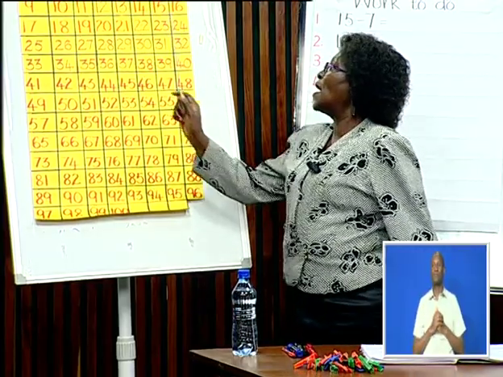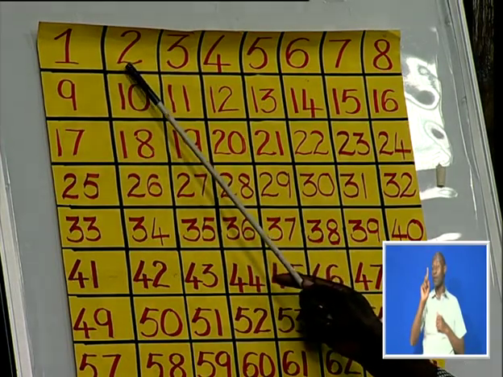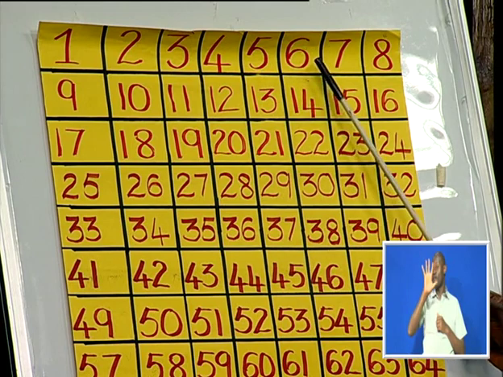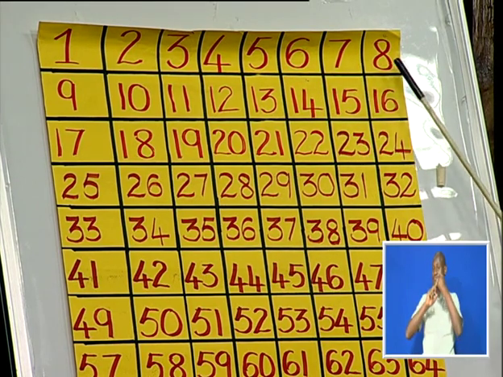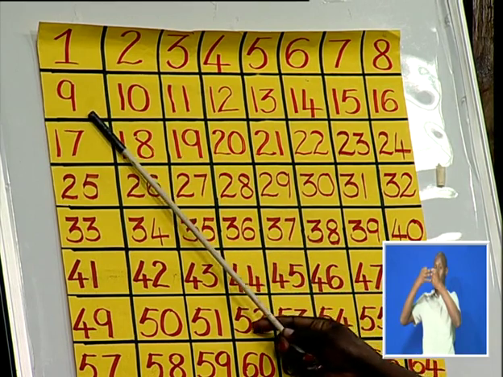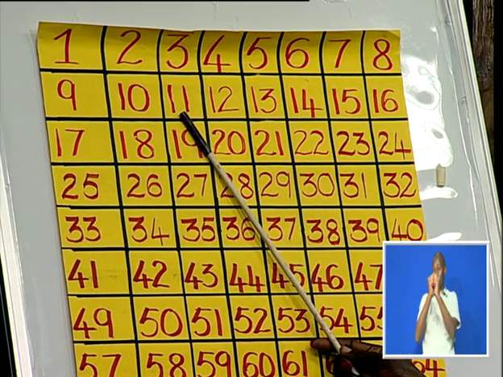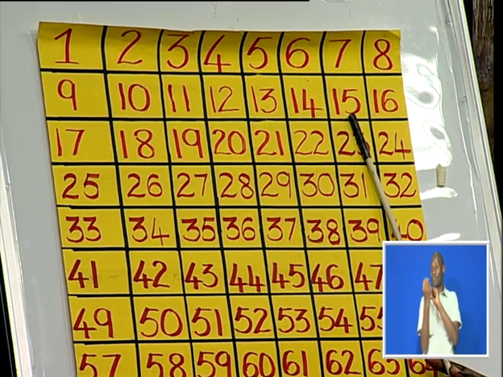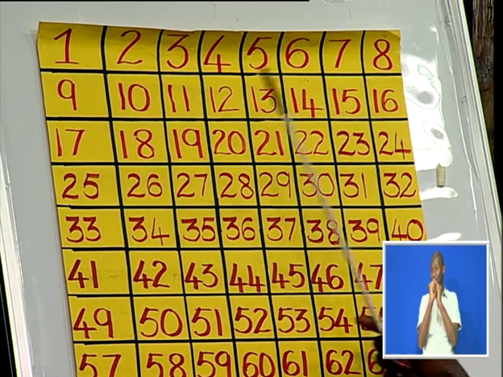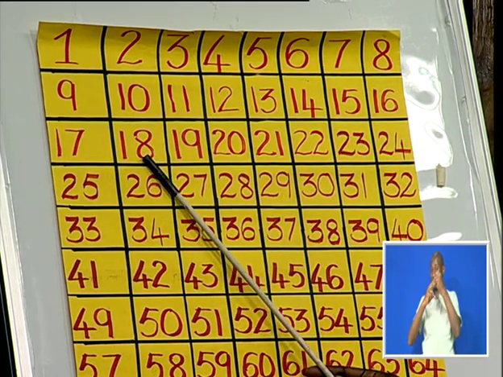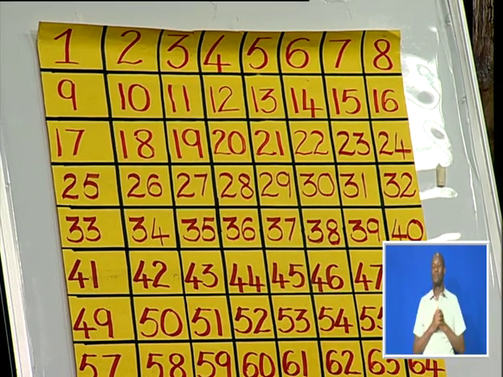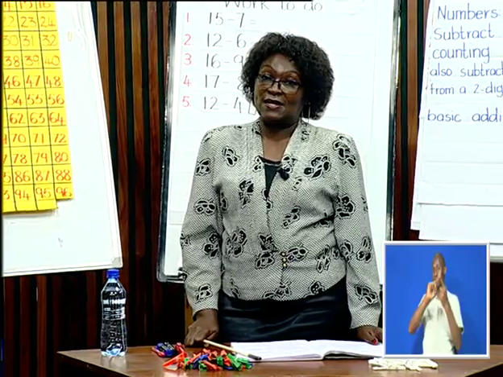I count forward: 1, 2, 3, 4, 5, 6, 7, 8, 9, 10, 11, 12, 13, 14, 15, 16, 17, 18, 19, 20. I have counted forward from number 1 to number 20.